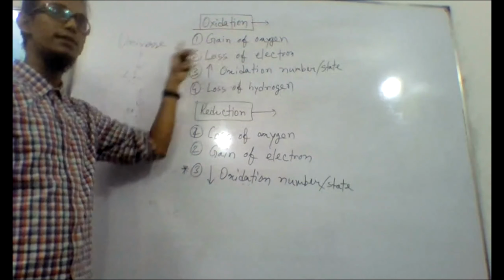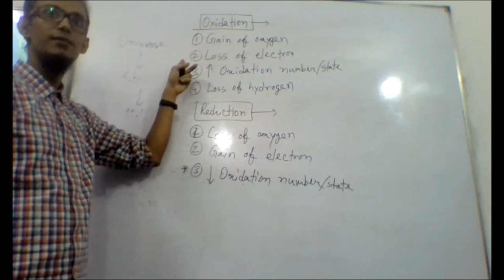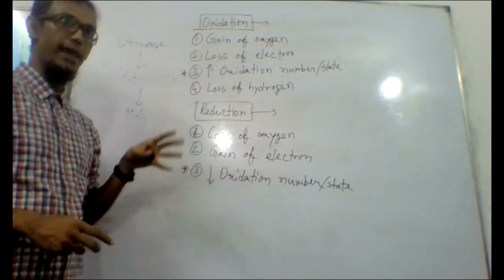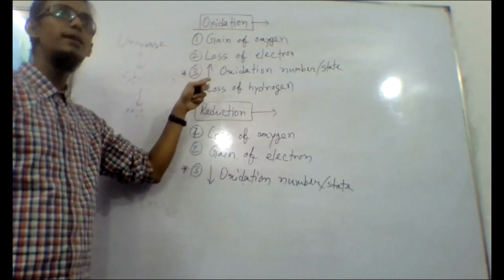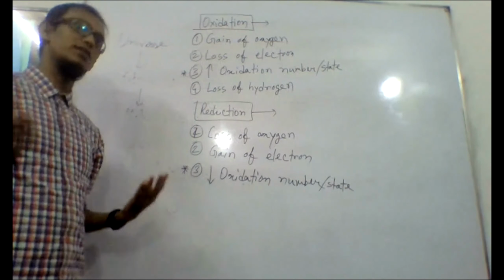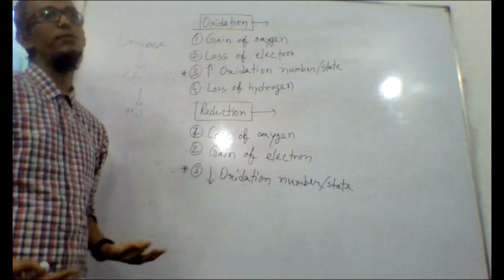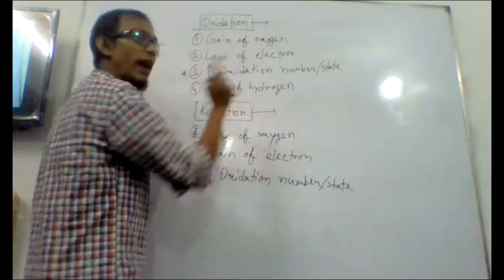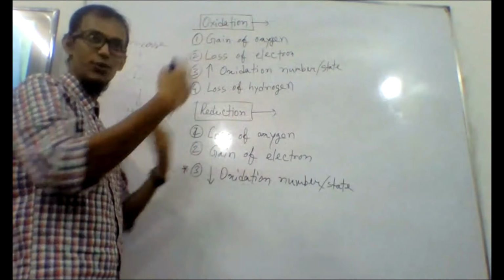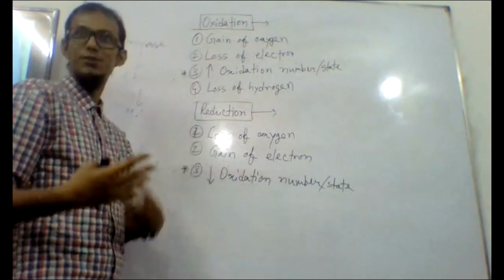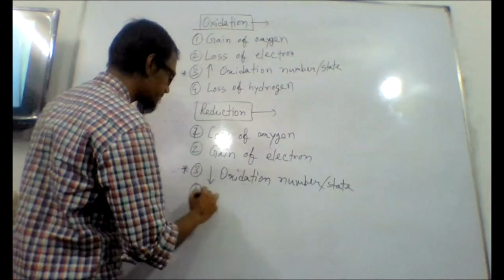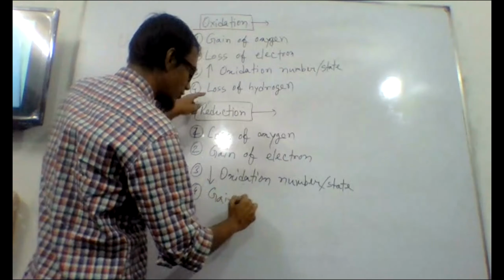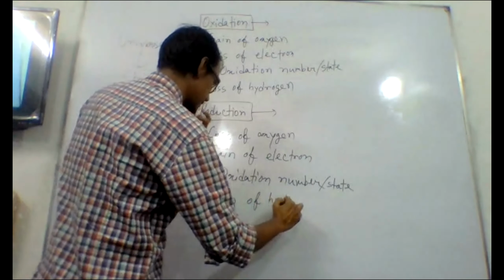In terms of electrons, it is loss and gain of electron. If oxidation number increases it's oxidation, if it decreases it's reduction. And the last one: since gain of oxygen is oxidation, loss of hydrogen is oxidation. Hydrogen and oxygen seem opposite to each other, right? Number four, loss of hydrogen is oxidation, gain of hydrogen is reduction. These are the four definitions.